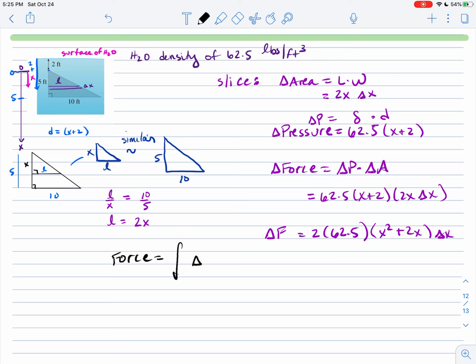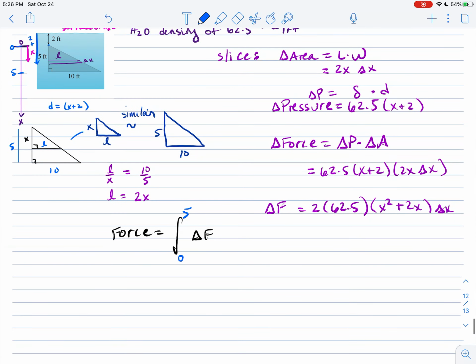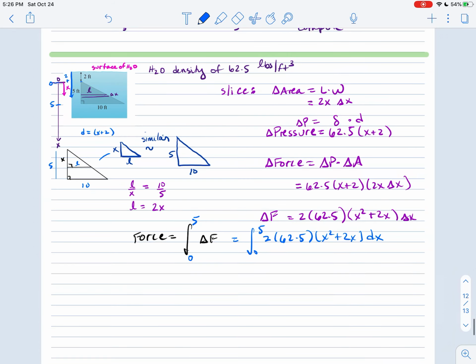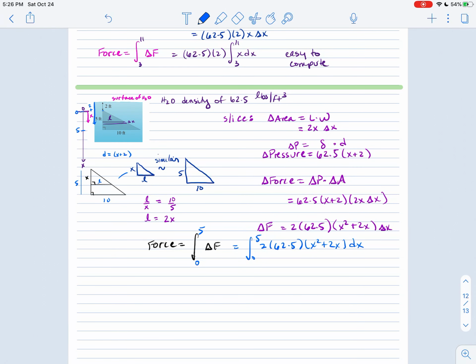So my total force is going to be the integral of my delta force, and the range of my slices is going to be from 0 to 5, as we mentioned earlier. So this is just going to be the integral from 0 to 5 of 2 times 62.5 times (x squared plus 2x) dx. And that should be relatively simple to integrate as well.